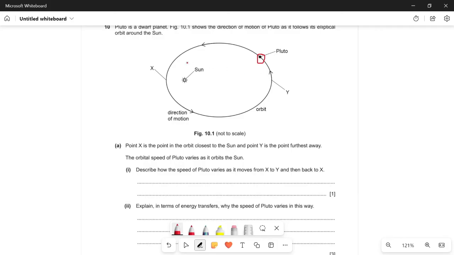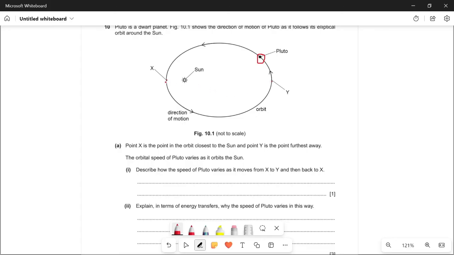As Pluto is moving from point X to point Y, the speed is going to decrease because it's moving farther away from the Sun. So that means the kinetic energy would decrease, so the speed decreases. But as Pluto is moving from point Y to point X, the speed is going to increase because it's moving closer to the Sun, so there would be more kinetic energy.